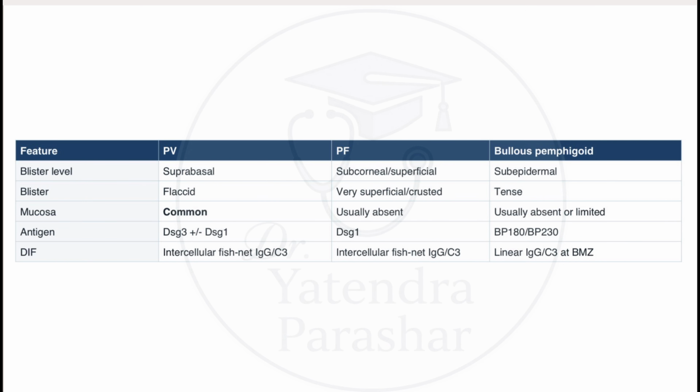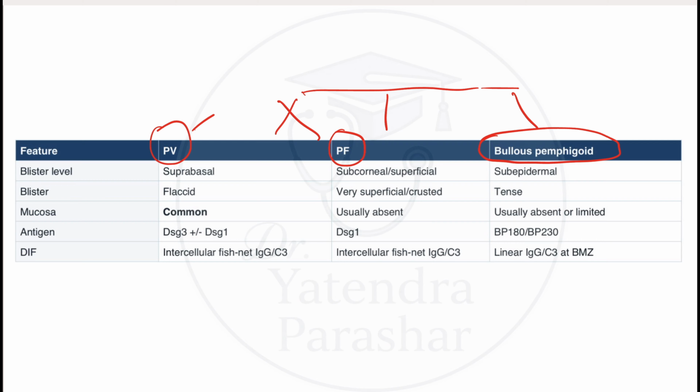Now move to the next slide, which is the differentiating slide between the three most important blistering diseases of the skin. The first is pemphigus vulgaris, second is pemphigus foliaceus, third is bullous pemphigoid. In pemphigus vulgaris and foliaceus, autoantibodies form against the desmosomal proteins.